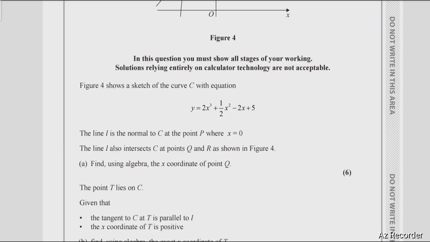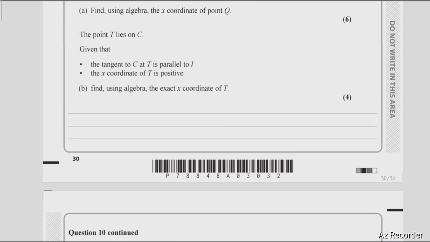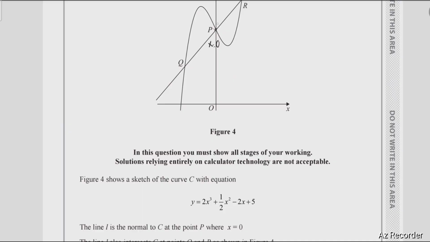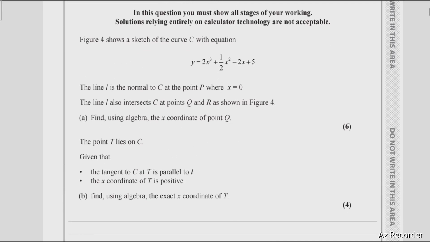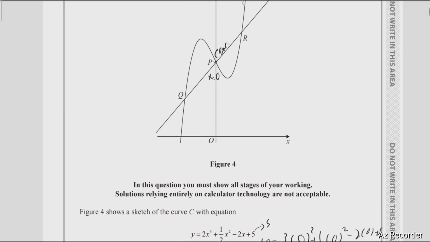So what we're gonna need is the coordinates of this point, P. Since we already know that x is 0, if you put 0 inside, we'll get a y-intercept of 5. So y equals 0 cubed plus half 0, so 0, plus 5. It's just gonna remain 5. So point P is (0, 5).